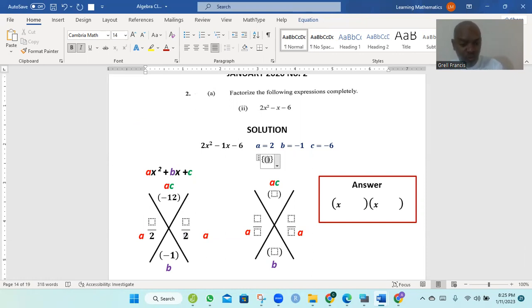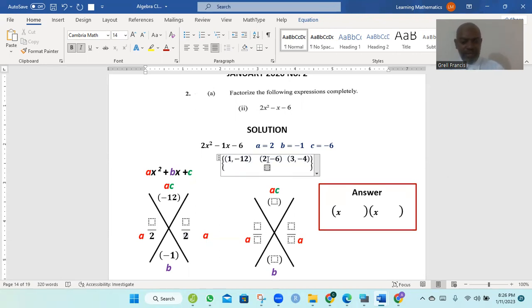So 1 and -12. When you multiply 1 and -12, you will get -12. 2 and -6. When you multiply 2 times -6, you're going to get -12. 3 and -4. When you multiply 3 times -4, you're going to get -12. It's like a reverse sequence now. -1 and 12.